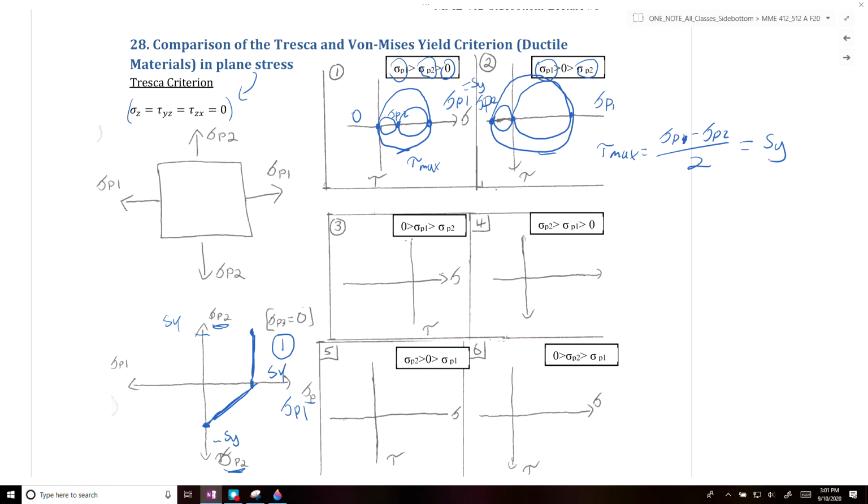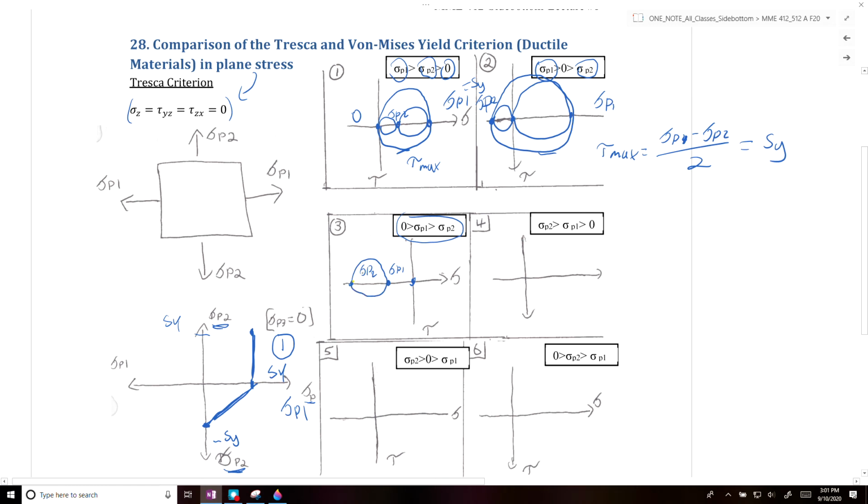All right. So then the last one would be if you had two compressive stresses. In that case, this could be sigma p1, and this would be sigma p2.